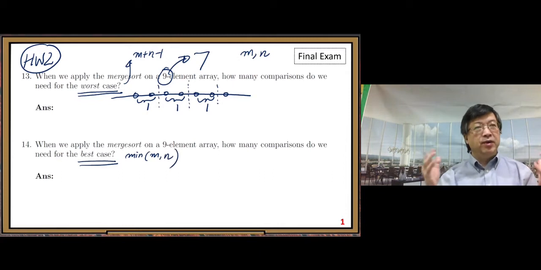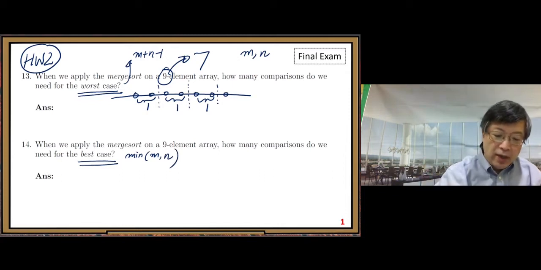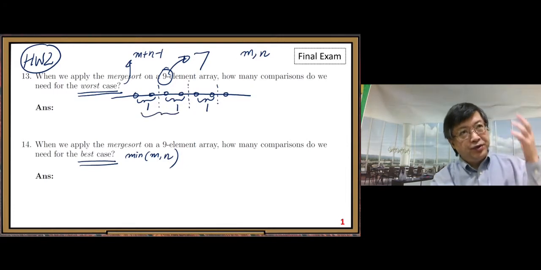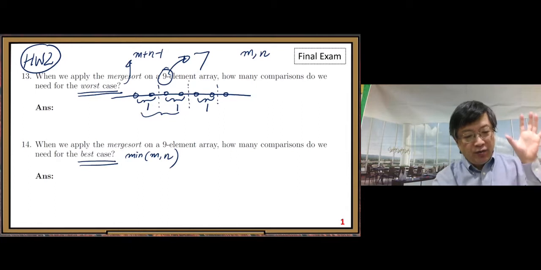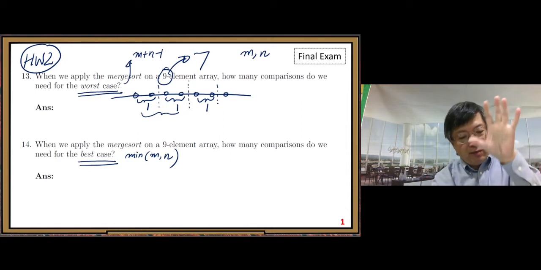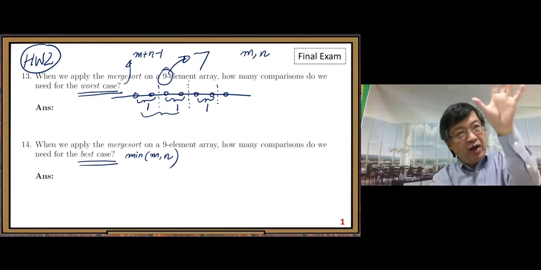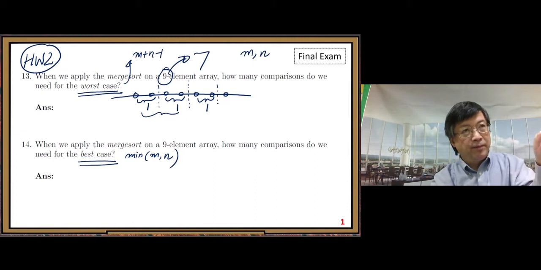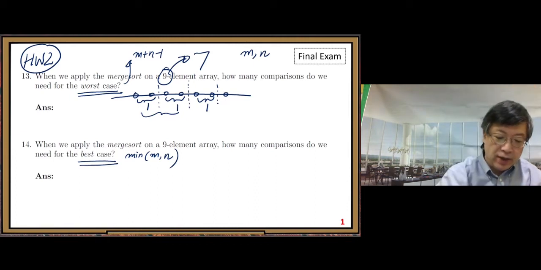Now we do the merge. The first time, when we merge these 2 subarrays using the worst case, we do it twice. The worst case number of comparisons is the total number of elements minus 1. Total 4 elements minus 1 is 3.